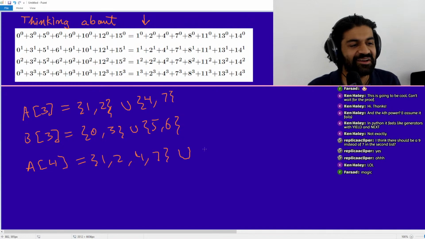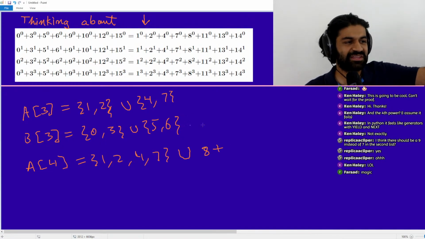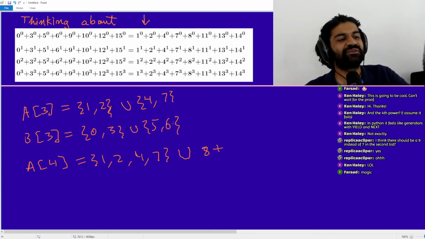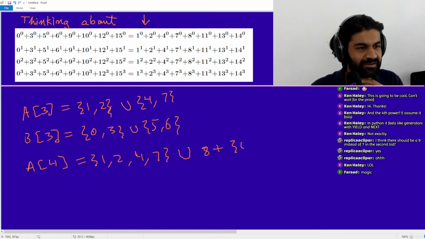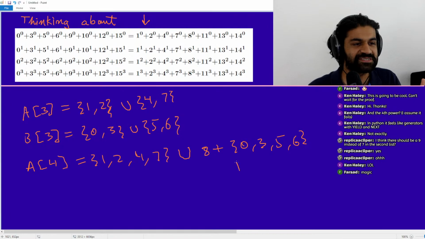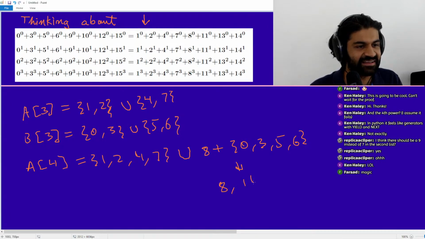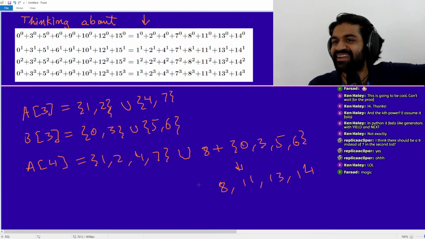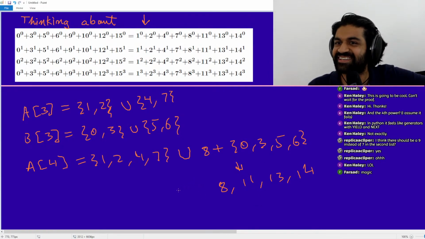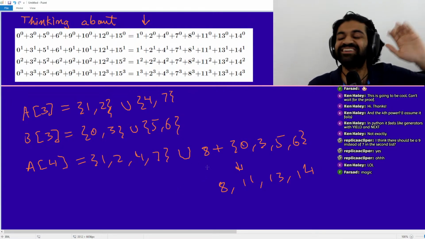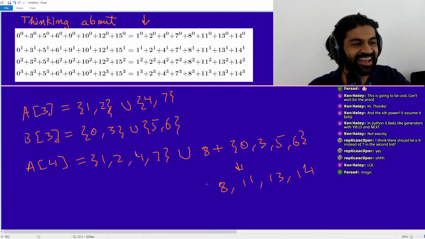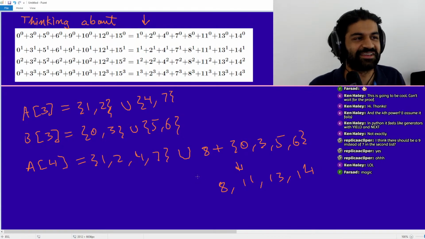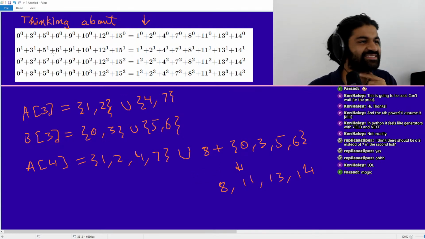So 8 plus 0, 3, 5, 6 is equal to precisely 8, 11, 13, 14. You see that? So there's some weird, interesting, surprising, fun recursion going on here, right? Okay, so hopefully that part makes sense.